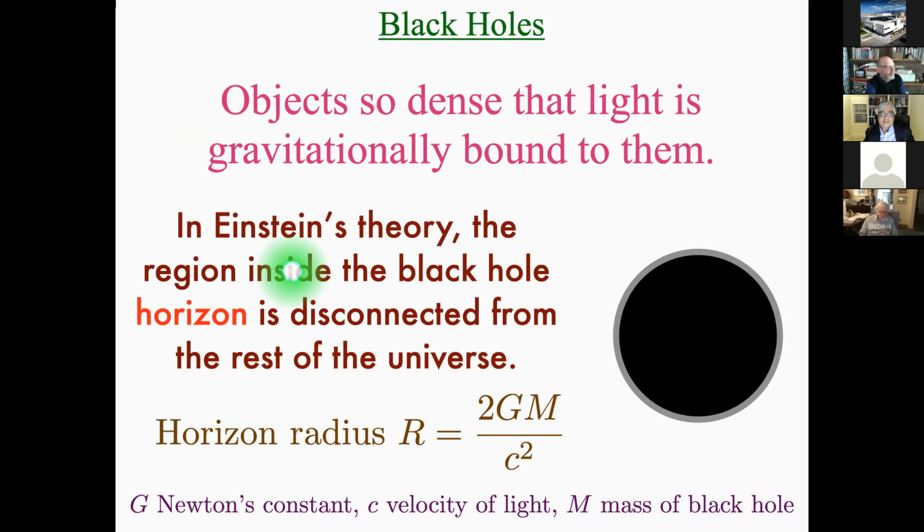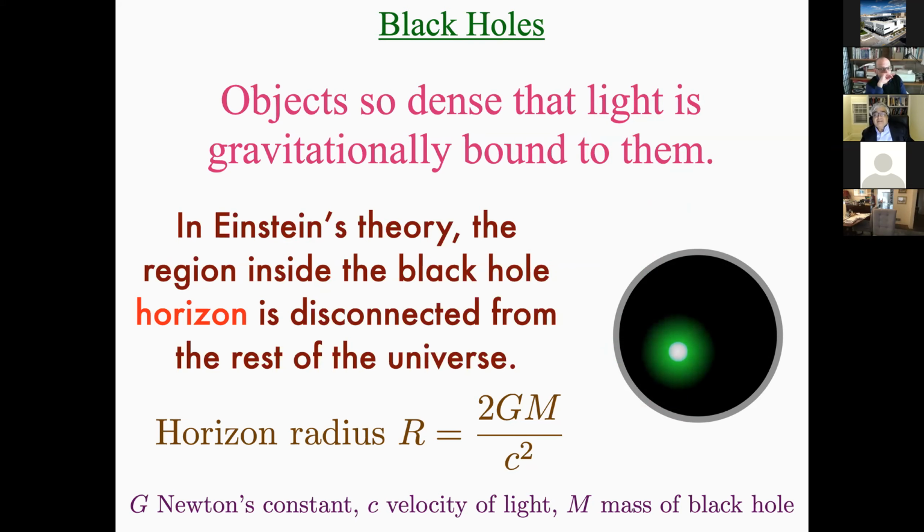They are predictions of Einstein's theory of general relativity, a prediction first made by Schwarzschild, that if you could compress a mass m to a radius smaller than this number r, called the Schwarzschild radius, then there would be a horizon at this Schwarzschild radius, and light would never be able to escape from inside to outside. In fact, the inside of the black hole will be causally disconnected from the outside.